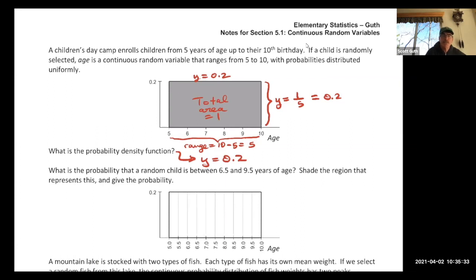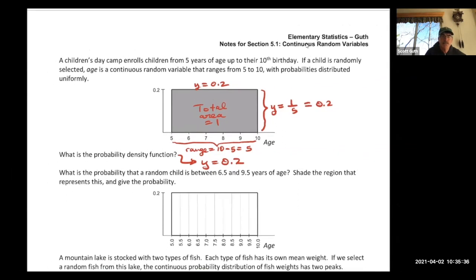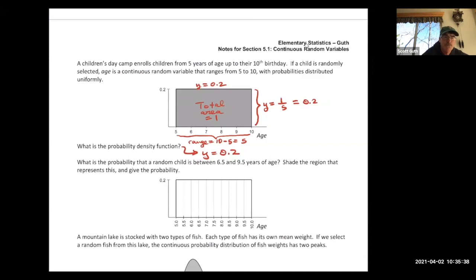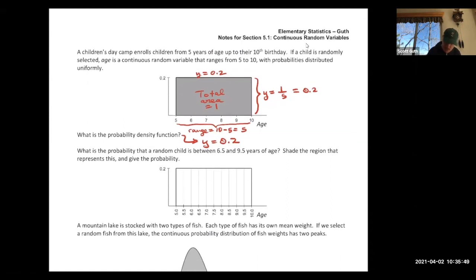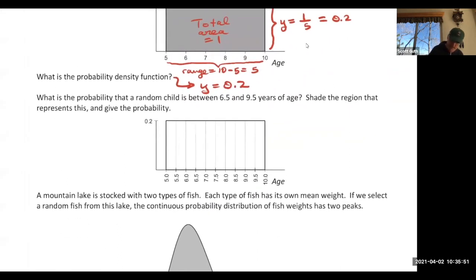Now it looks like what I did here was ask you to compute a probability. So this one says, what's the probability the random child is between 6.5 and 9.5 years old? It says shade the region and then give the probability. Fine. So 6.5 starts here. 9.5 goes all the way up to here. So in pink, I'm trying to shade this.